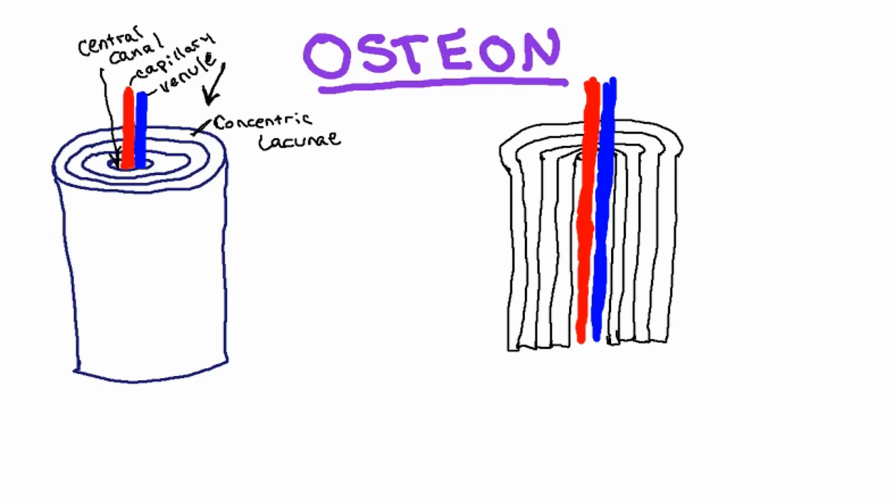But here's what I want to show you about the osteon. Within these layers, here's all these layers of lamella wrapped together like a roll of paper towels. In between these layers of lamella, there are little gaps.